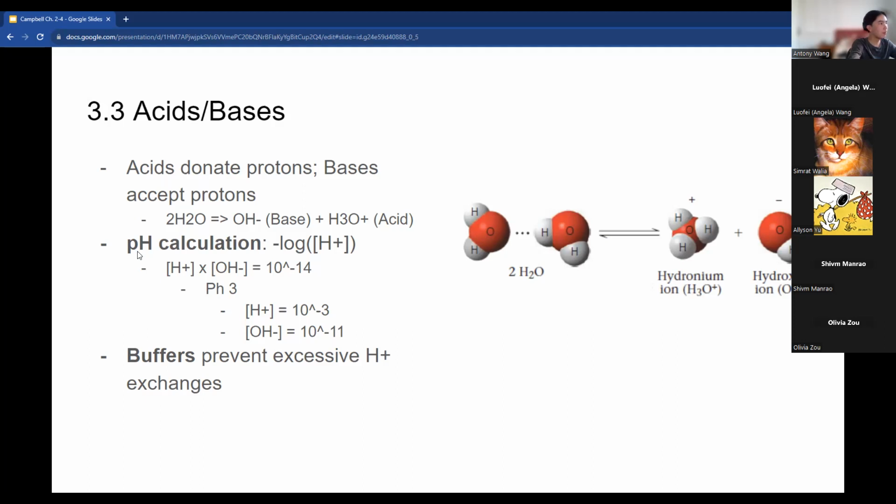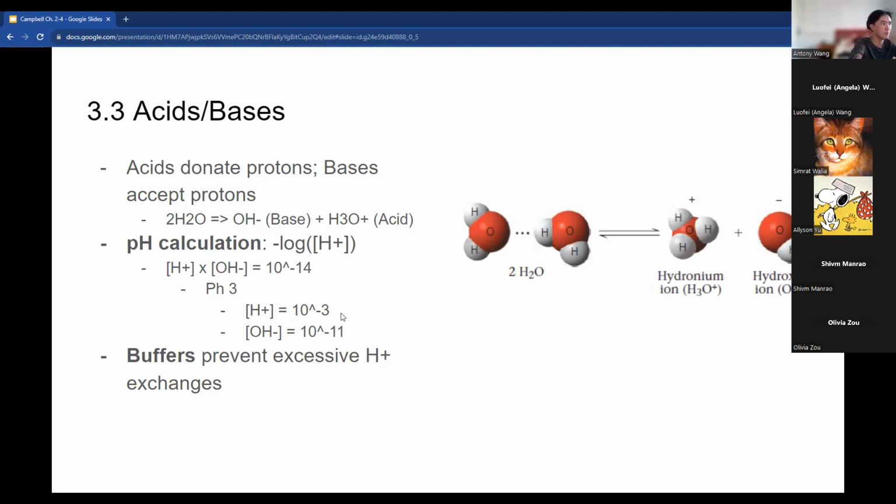And now, what is pH? The actual formula for pH is the negative log of the concentration of hydrogen. What does that really mean?